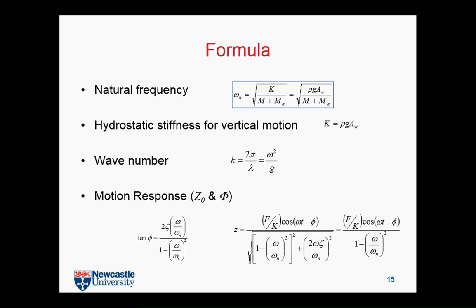CA, coefficient of added mass, equals 1 plus this one here. It's for added mass coefficient. If just focused on the value, it should be the added mass over the real mass of your structure.